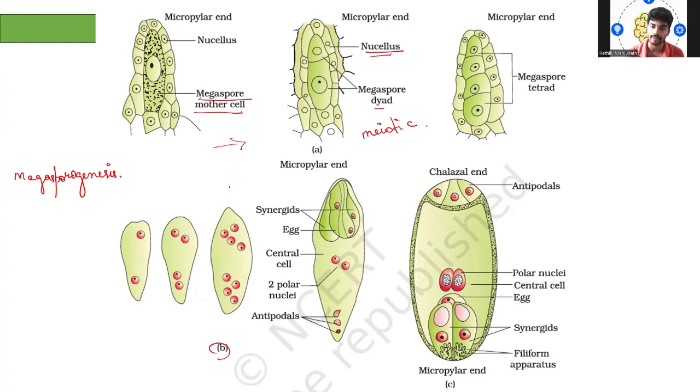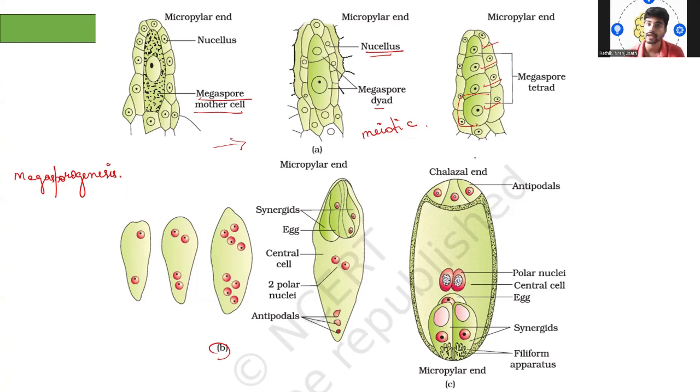So we will be seeing the megaspore development this way. You can see this one cell, and the nucleus of the functional megaspore. You see 1, 2, 3, 4 megaspores, so we call it the megaspore tetrad.